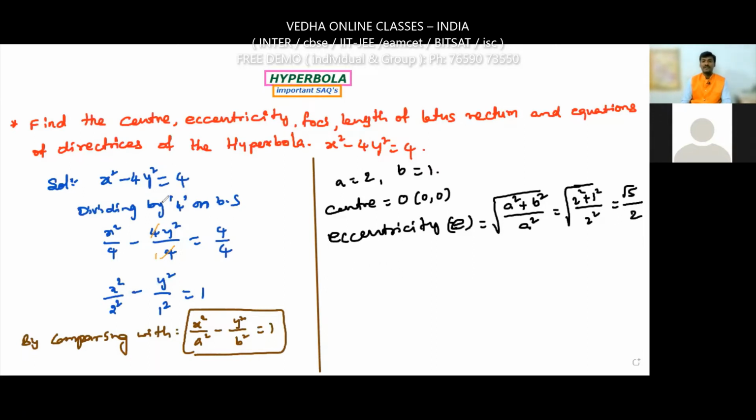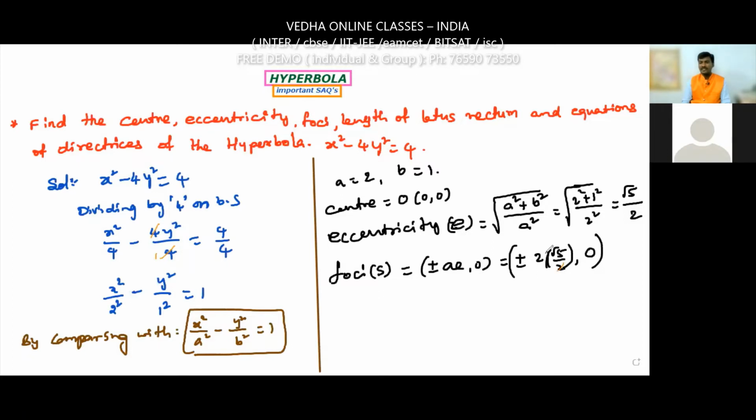After that, we have to find the foci. We represent it as S, plus or minus ae comma 0. The a value is 2 and the e value is root 5 by 2. So we can cancel this 2 and 2.